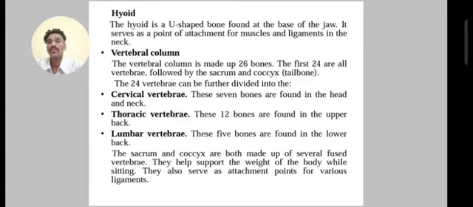The thoracic vertebrae are the superficial part, cervical is the neck, and lumbar is the lower back region. So these vertebrae cover different types of bones. Basically 80 bones are there in the axial system.